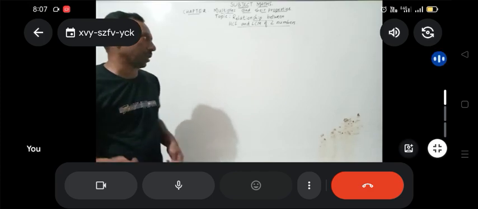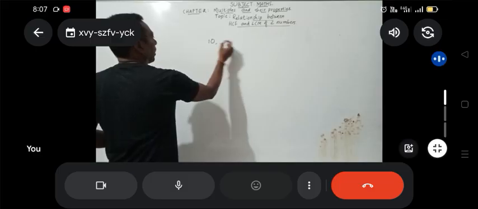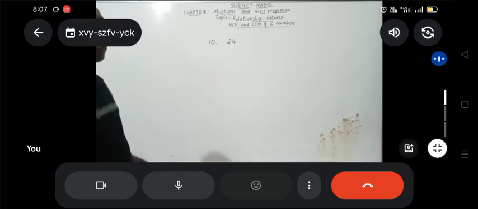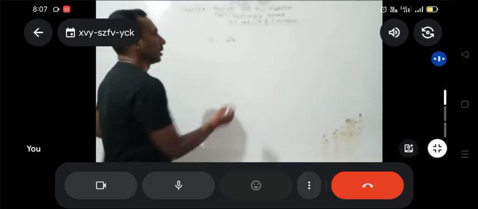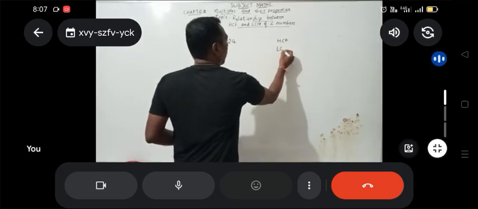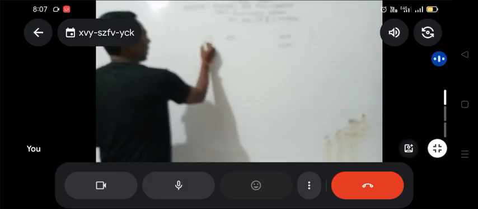First, let us take any two numbers. The first number will be 10, the next number will be 24. First, let us find the HCF and LCM of these two numbers. Let us start dividing.